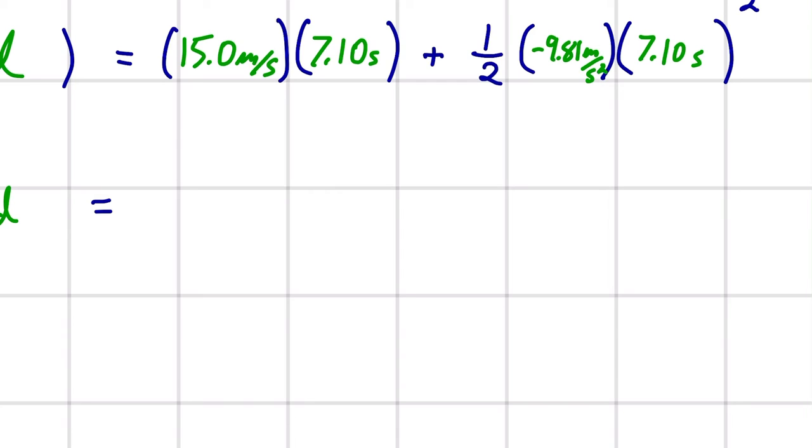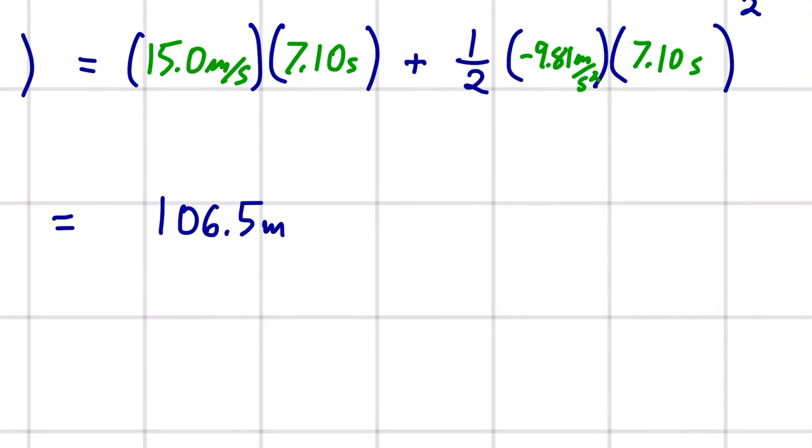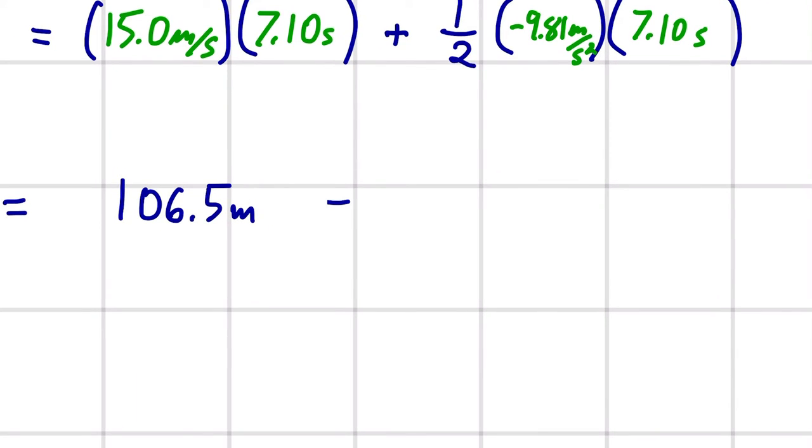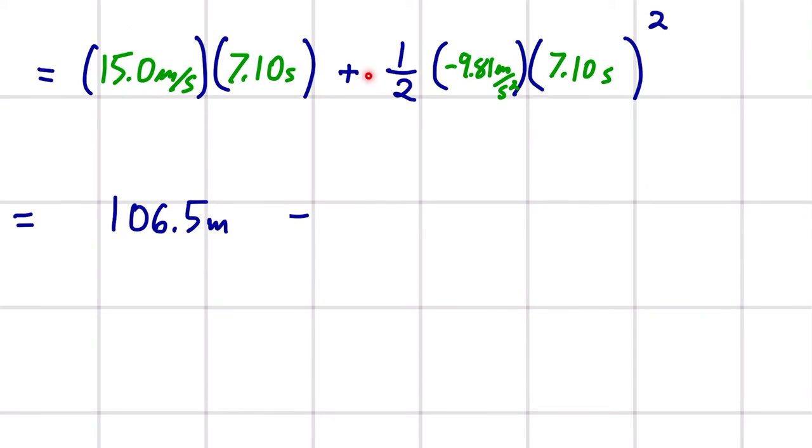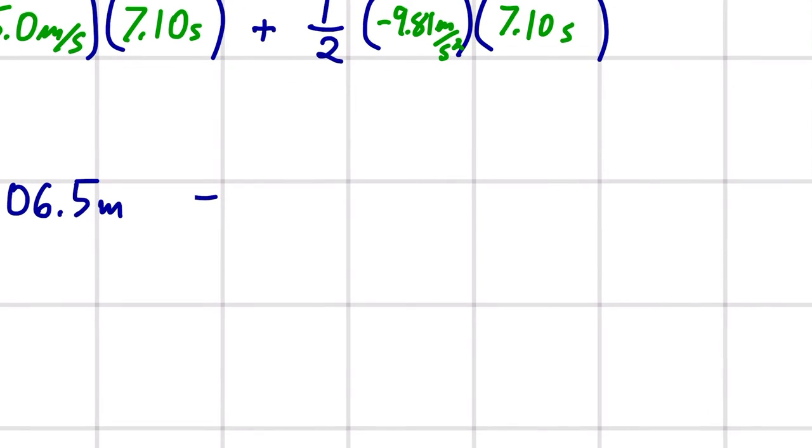And when we multiply these two numbers together, it's going to give us 106.5 meters, and I encourage you to practice along with me, typing these into your calculator and writing them out. And then this over here, we're going to plug all this into our calculator in one go and get 247.26 meters.